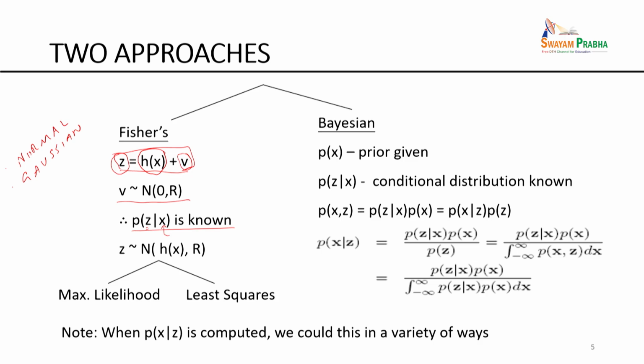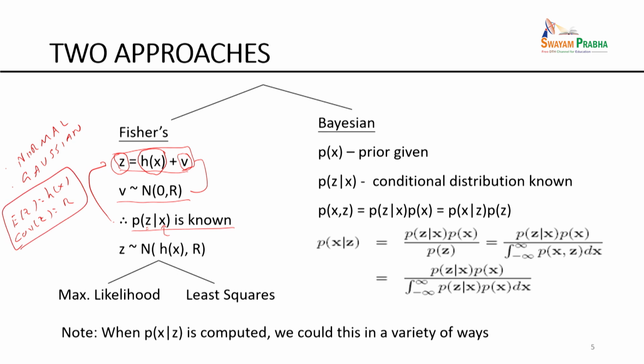So, if I compute the mean of z, it is equal to h of x. If I compute the covariance of z, that's also equal to R.